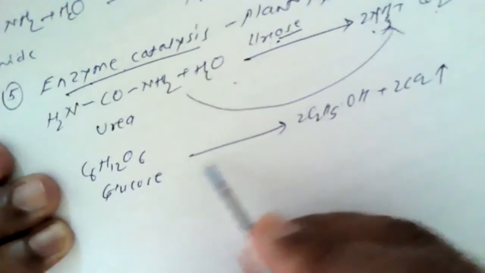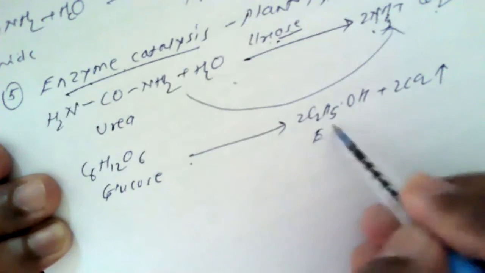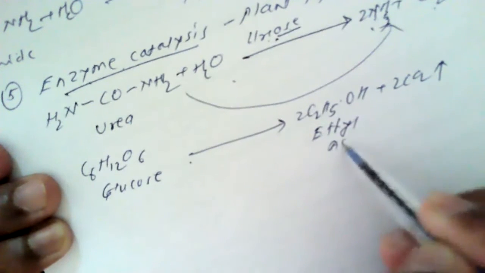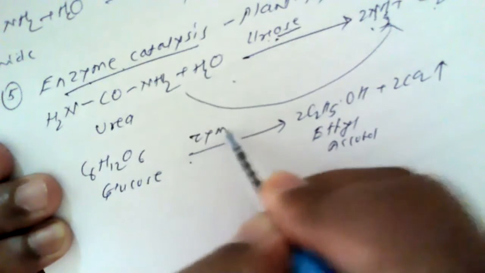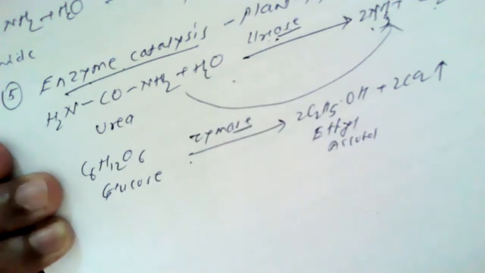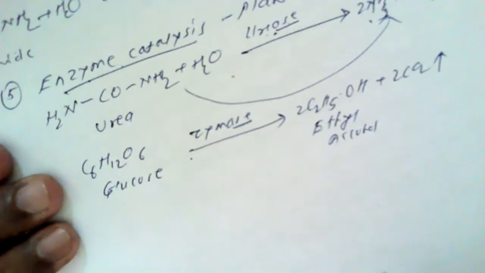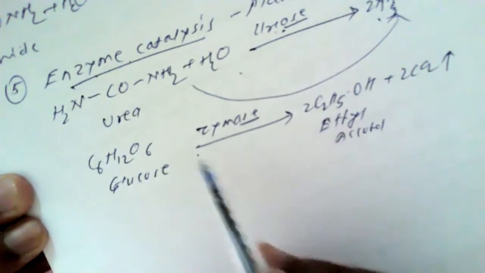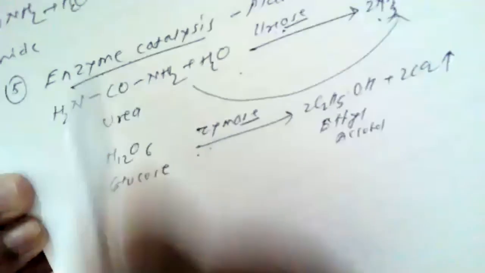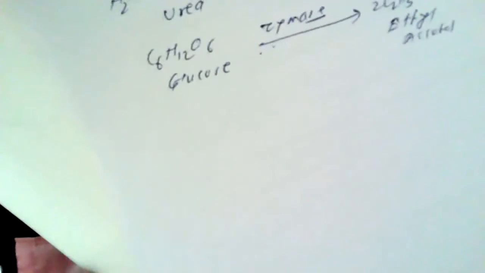The glucose is converted into ethyl alcohol and carbon dioxide. This conversion is possible in presence of an enzyme, that is zymase. So zymase is an enzyme which brings about the chemical change of glucose into ethyl alcohol. So this reaction is also included under the enzyme type of catalysis.